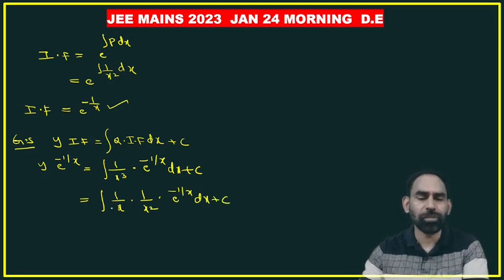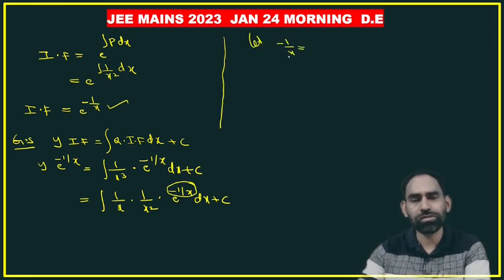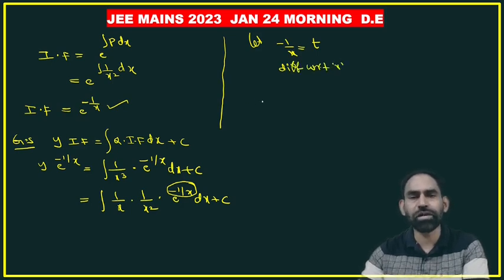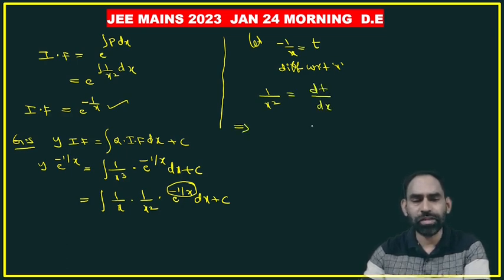That's why I am taking −1/x = t. Let −1/x = t. Differentiate with respect to x. The derivative of −1/x is 1/x², and the derivative of t is dt/dx. This implies (1/x²)dx = dt.